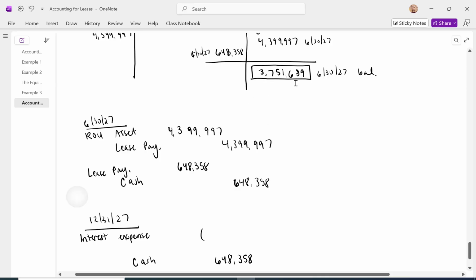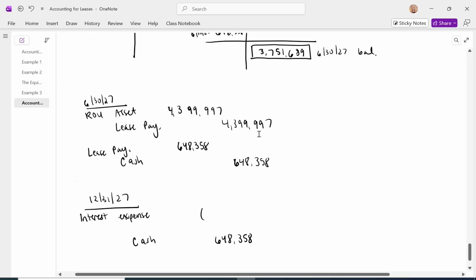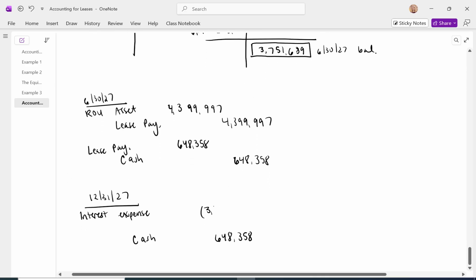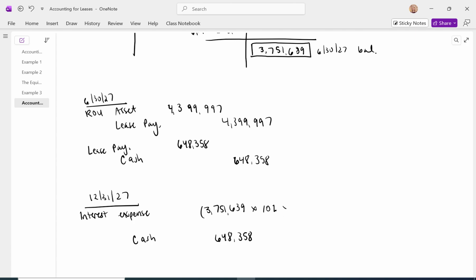For interest expense, I want the balance in that lease liability, lease payable, $3,751,639, multiplied by the interest rate on this lease, which is 10% times 1/2, since only 6 out of 12 months has passed, or we can say 5%. And this is going to be $187,582.